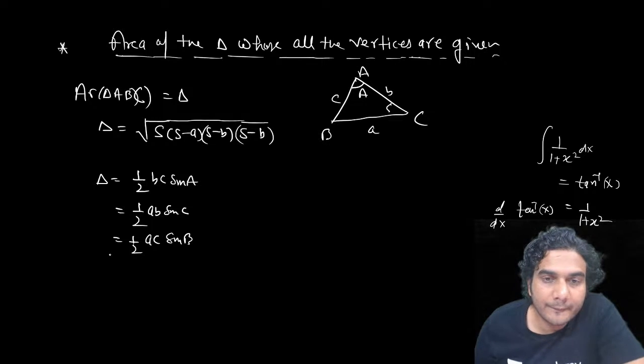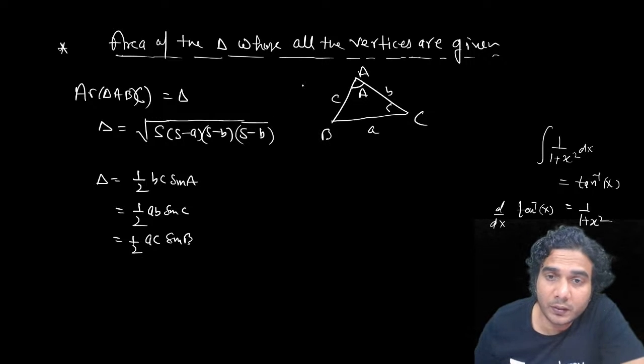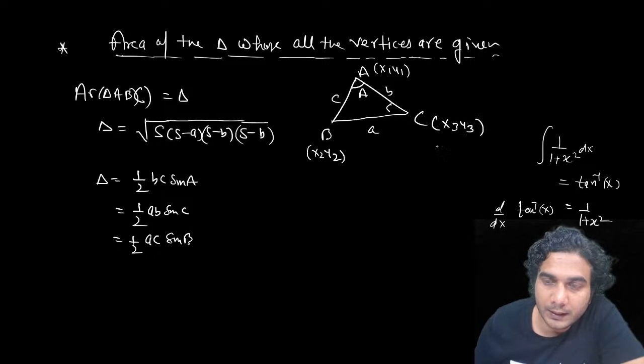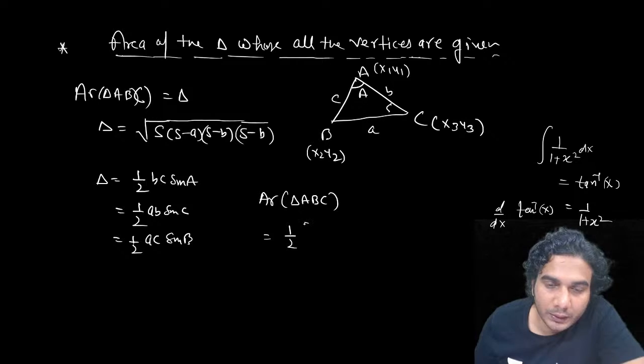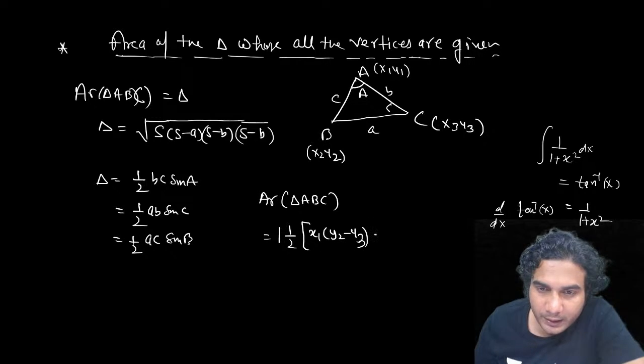Okay, so we were doing area of the triangle. I have told you two formulas so far. The next one we are going to do in terms of the coordinates. If the coordinates of the vertices are given as x1, y1, x2, y2, and x3, y3, then the area of triangle ABC can be written as 1 by 2 of, with a mod also, x1 into y2 minus y3, then x2 into y3 minus y1, then x3 into y1 minus y2.